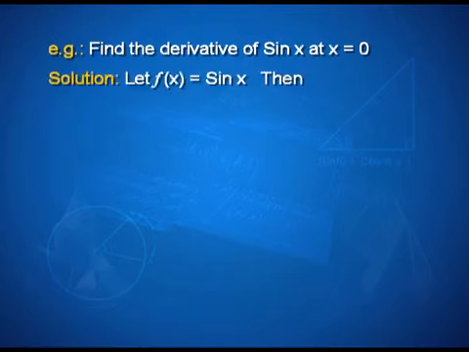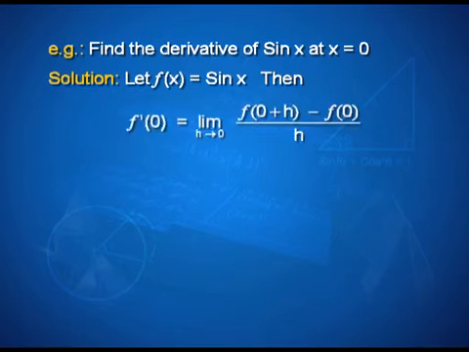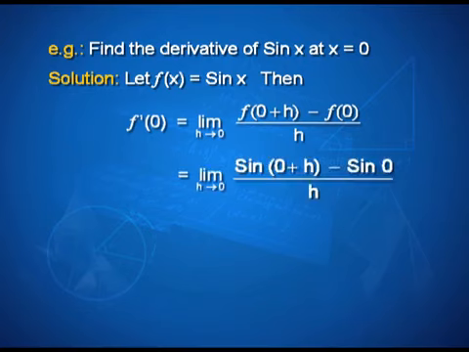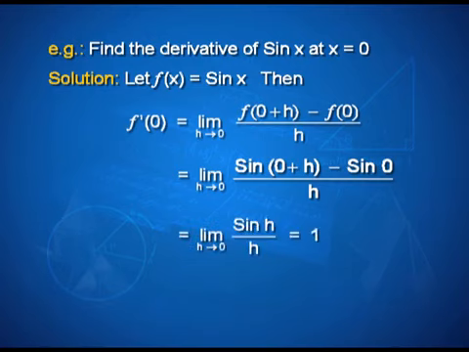Look here, let f of x is equal to sin x, then f dash 0 is equal to limit f of 0 plus h minus f of 0 upon h as h tends to 0, can be written as limit sin 0 plus h minus sin 0 upon h as h tends to 0, can be simplified as limit sin h upon h as h tends to 0 is equal to 1.